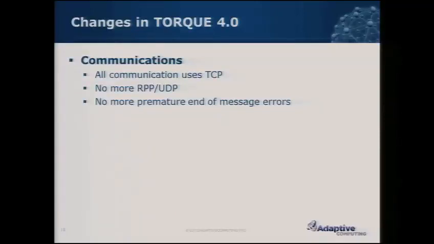We've tried to keep everything simple: we open the socket, we send our request, we get our reply, and we close the socket and we're done. Torque 2.5 and earlier do it over UDP, and they have their virtual connections, and they like to leave them open. That's what ends up generating that premature EOF as it's cycling through its list.